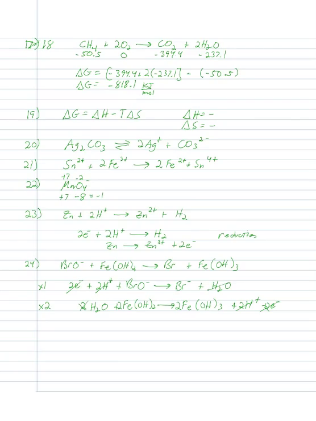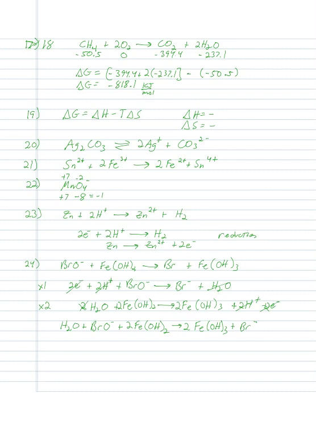And so now I'm left with H2O plus BrO minus plus 2 Fe(OH)2 going to 2 Fe(OH)3 plus Br minus. Okay, and if you check the charge balance on both sides and check the mass balance on both sides, you'll find that this is in fact balanced.